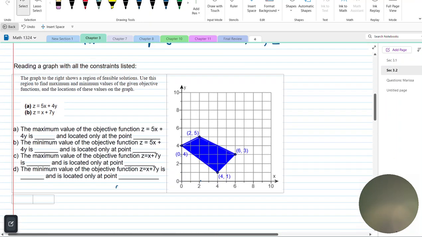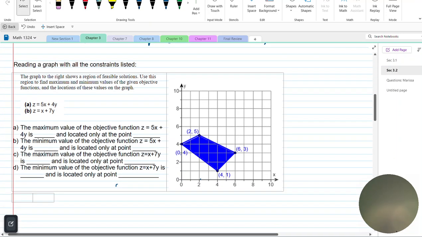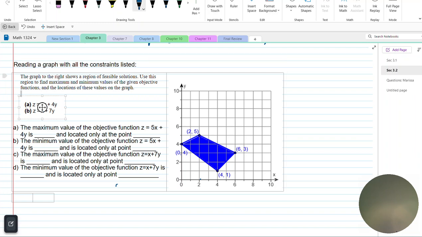So now we're going to talk only about the constraints of the graph that are given from the inequalities, and then we're looking at two optimization objective functions. We're going to find the maximum and the minimum for each of them. Now, we don't know what they are, but we're going to figure it out.